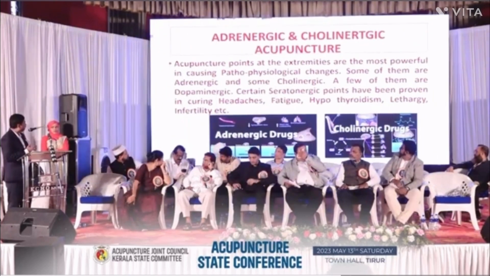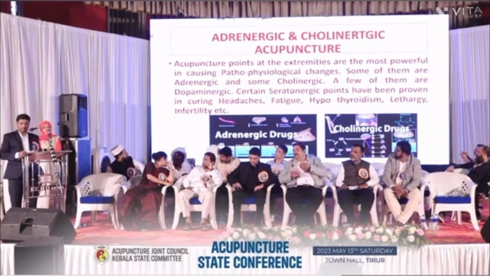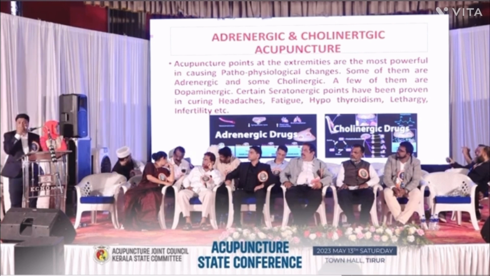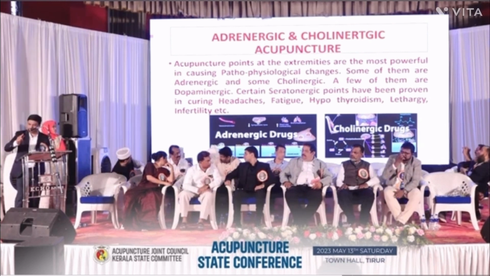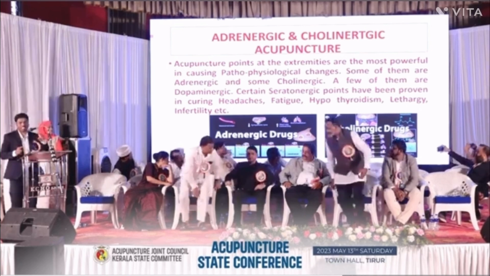Now we understand the adrenergic effect and cholinergic effect of acupuncture. There are two effects of acupuncture. One is known as the cholinergic, like the drugs that are essential for emergency. In this way, acupuncture also works in emergencies as well.